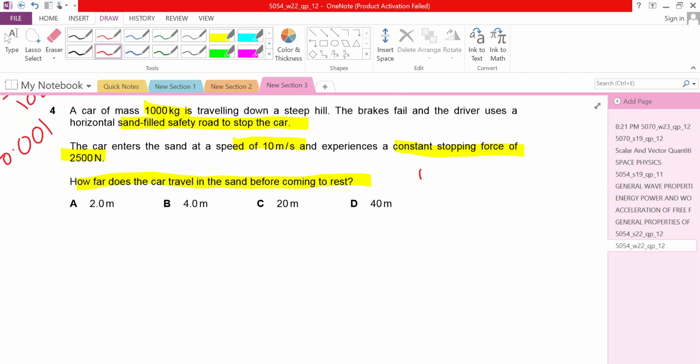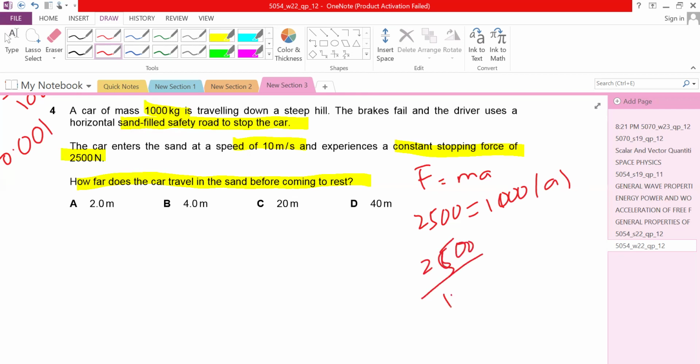For this, you have to use the formula F equals ma. The force is given, 2500, mass is given, 1000 kg, and acceleration is a. So 2500 divided by 1000, zeros cancel, it would be 2.5.